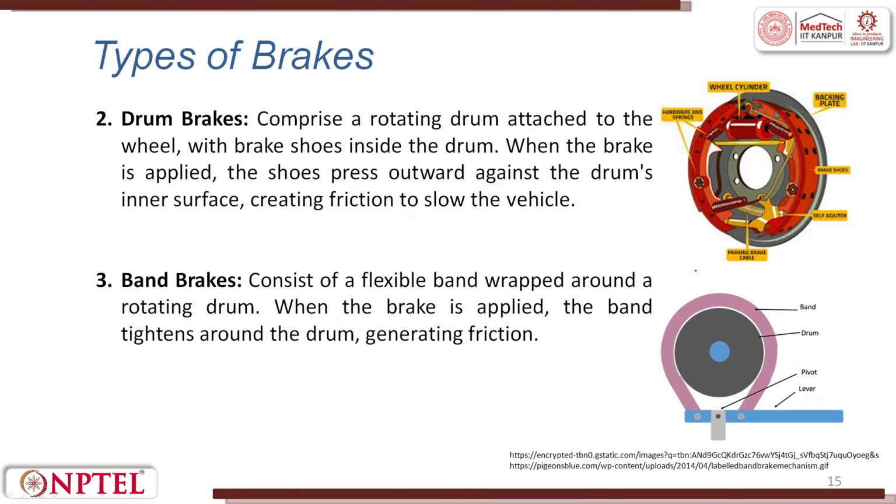Then comes drum brakes. Drum brakes comprise a rotating drum attached to the wheel with brake shoes inside the drum. When the brake is applied, the shoes press outward against the drum's inner surface, creating friction to slow the vehicle. So, these have a wheel cylinder, braking plate is there, brake shoes are there which are attached. Then we have hardware and springs, brake cable is there, and these are majorly used not in modern automobiles, but in old automobiles.